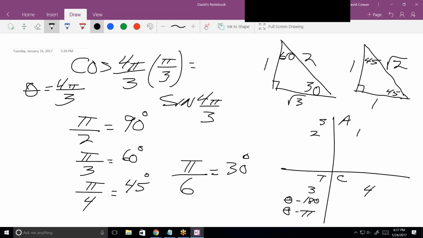Adjacent over hypotenuse. Well, 1/2. Okay, and what is its plus or minus sign? Negative. Good. Now let's do the same thing for sine of 4 pi over 3. Its equivalent is clearly the same thing. What's the sine of 60 degrees? Root 3 over 2. Negative root 3 over 2 for the sine of 4 pi over 3.